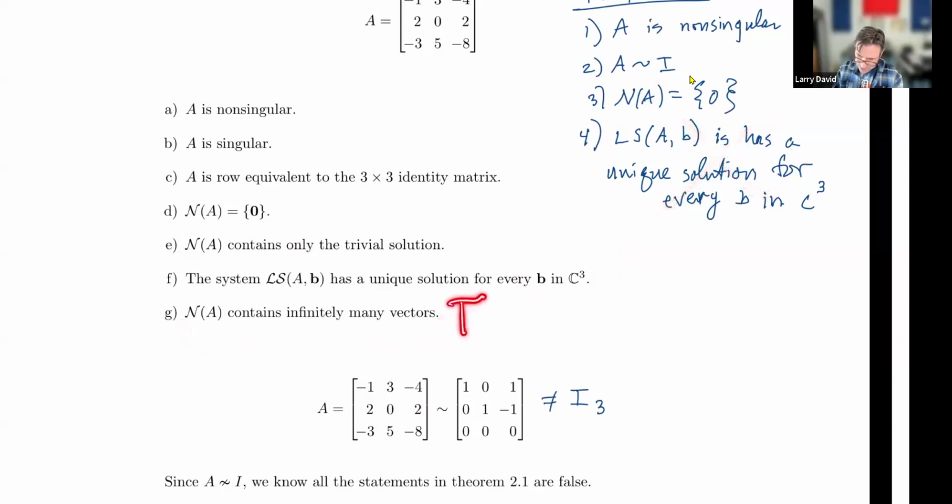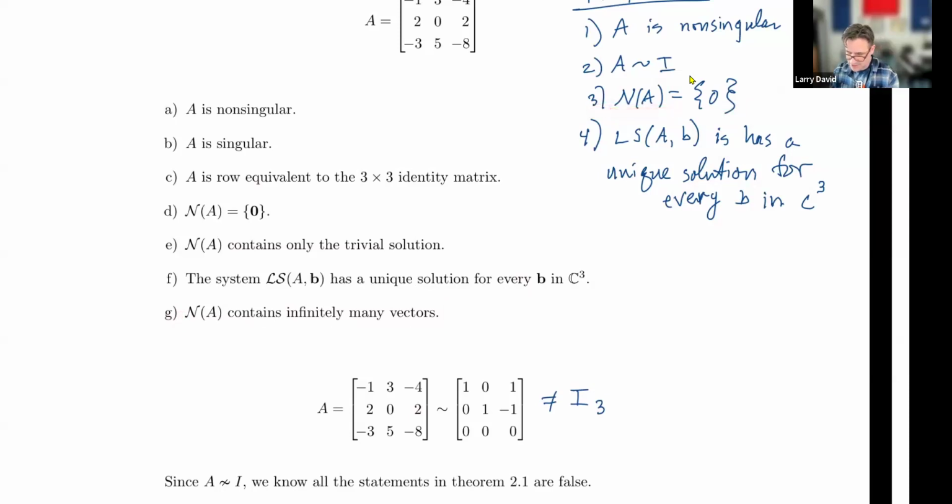That we found is true, and that's probably the most complicated one to figure out because 3 is false, and the existence uniqueness theorem gives us extra information to tell us the only alternative, if 3 is false, is that there are infinitely many vectors in the null space.